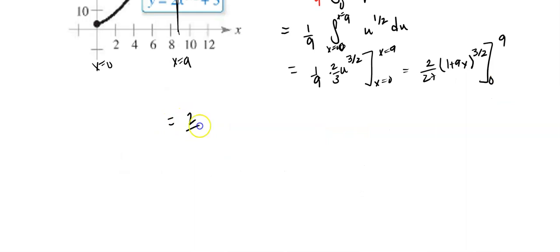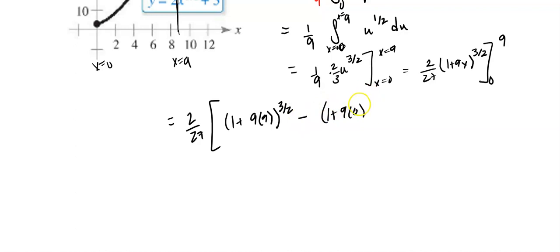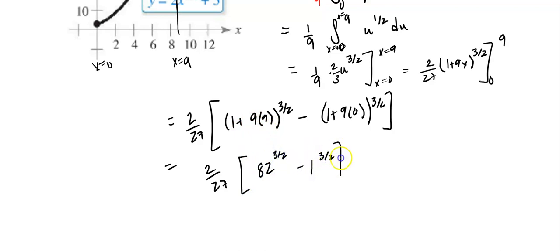So I'm going to have 2 over 27. We'll have 1 plus 9 times 9 to the 3/2 minus 1 plus 9 times 0 to the 3/2, which gives me 2 over 27 times 1 plus 81 is 82 to the 3/2 power minus 1 to the 3/2 power.